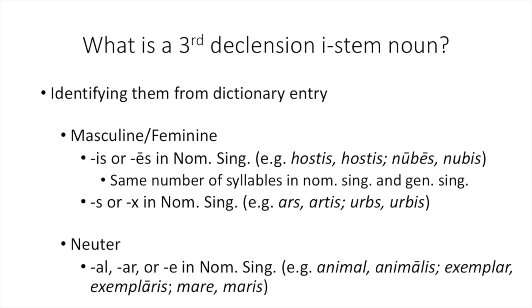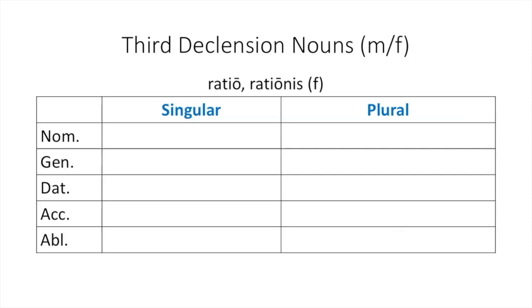So let's look at their endings. Just like with regular third declension nouns, the masculine and feminine nouns are slightly different from your neuter ones, so we'll do two sets of nouns: one group that's masculine and feminine, and one group that's neuter. As our first example, we'll take ratio, rationis, which is feminine. It will be our example for masculine and feminine nouns.